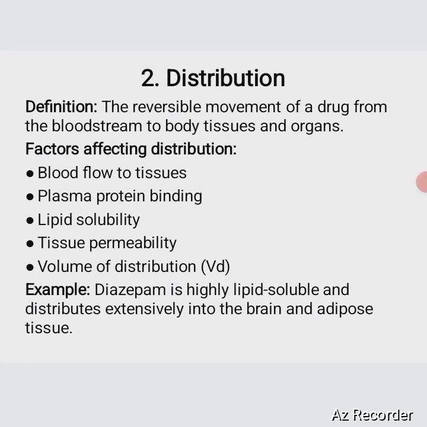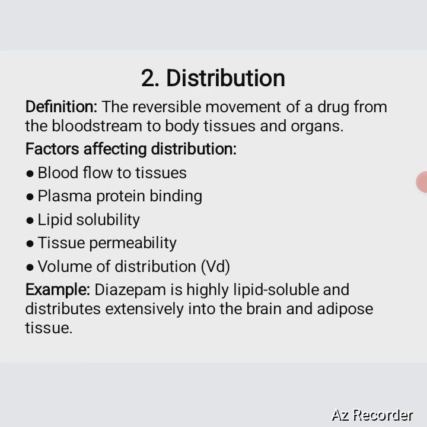And the second process, distribution. What is meant by distribution? The reversible movement of a drug from the bloodstream to body tissues and organs. So what are the factors affecting the distribution process?